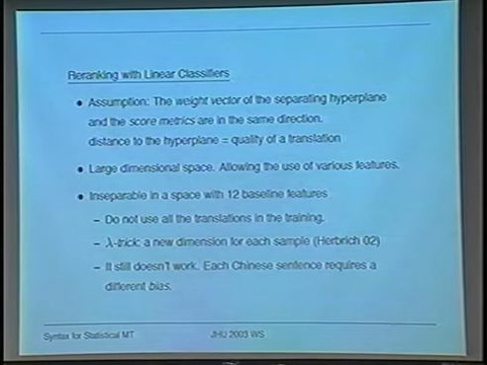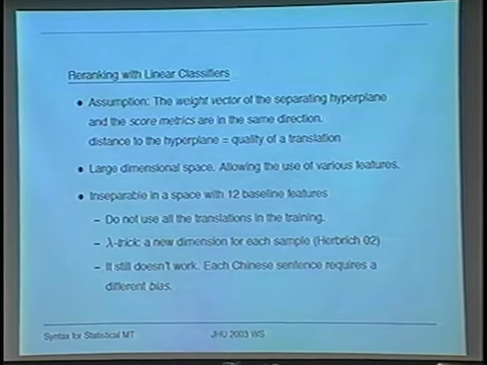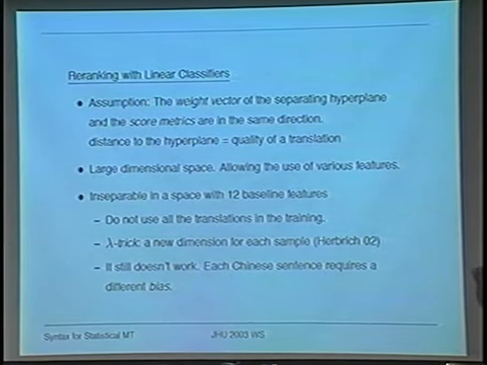In order to handle this problem, we first tried two tricks. First, we do not use all the translations in the training, which means that in that 1,000-best, we only use, for example, the top 30% and the bottom 30% of the translations, according to some score like delta BLEU score. We hope to find a hyperplane between them.